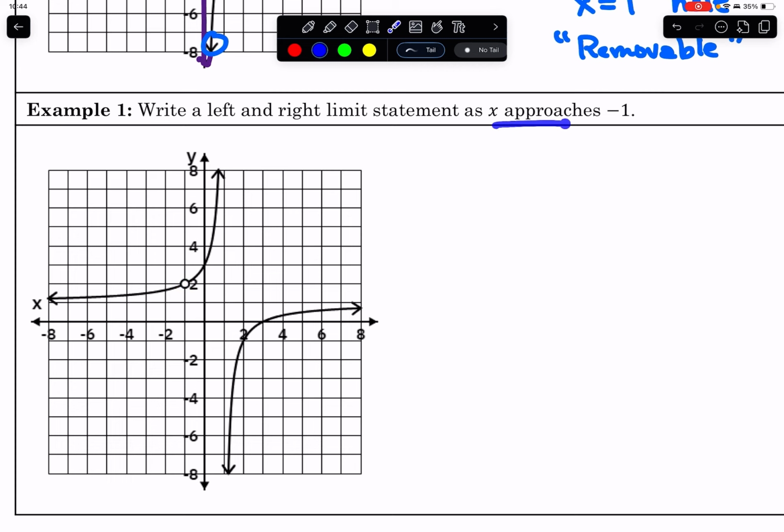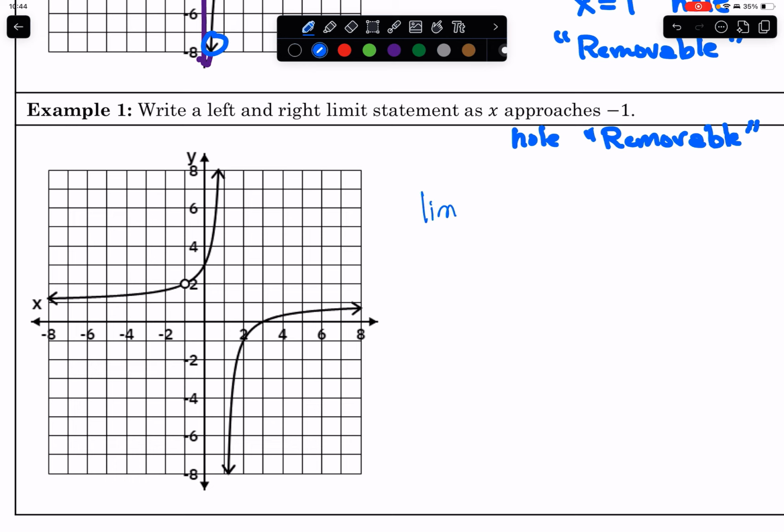So as x approaches -1. So this again is a hole, aka a removable discontinuity. So our limit, let me get a thinner pen.